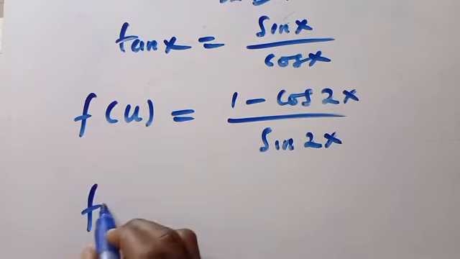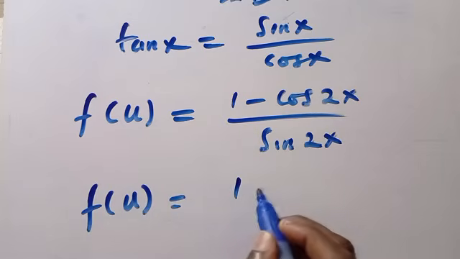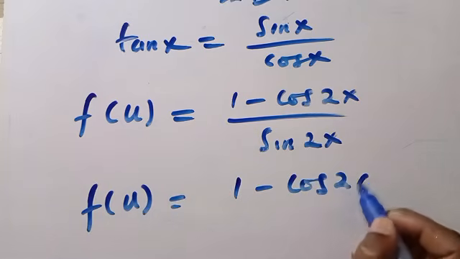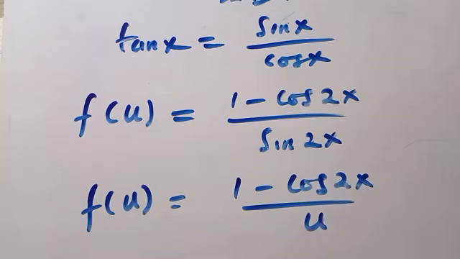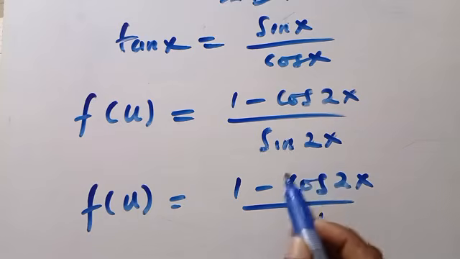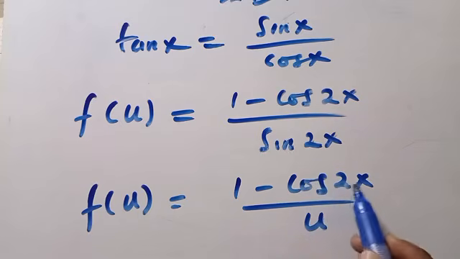So we have f of u equals 1 minus cos 2x divided by u. We are trying to express everything in terms of u. It is left to us to make cos 2x in terms of u as well. So how can we do this?